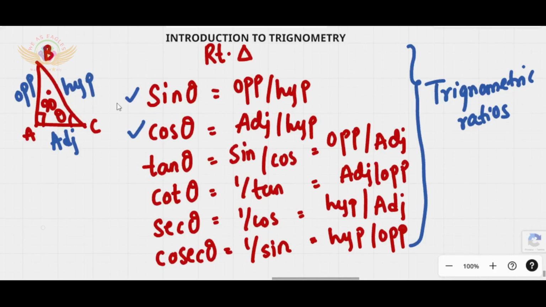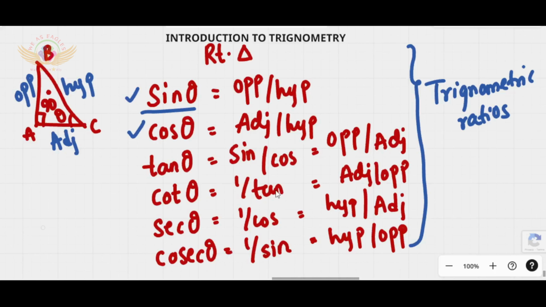Just remember sine theta as opposite by hypotenuse and cos as adjacent by hypotenuse. If you remember these two terms, tan is nothing but sine divided by cos, so you can divide and get opposite by adjacent. Cot is the inverse of tan, secant is the inverse of cos, and cosecant is the inverse of sine.